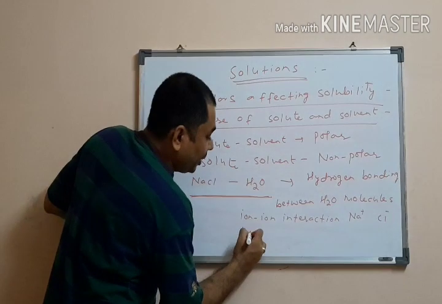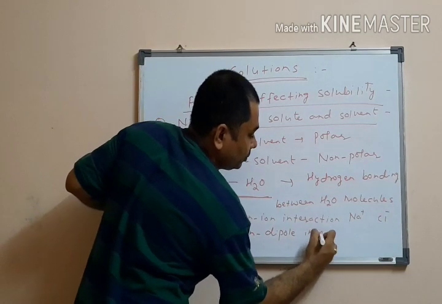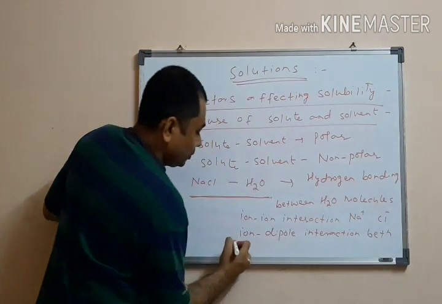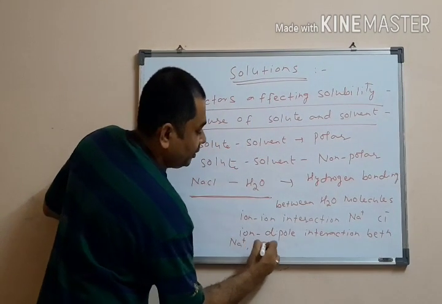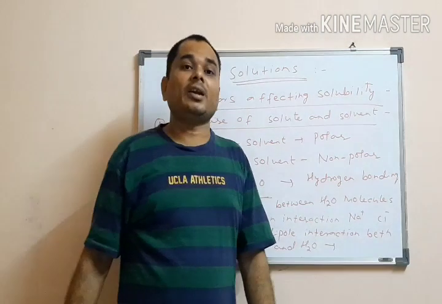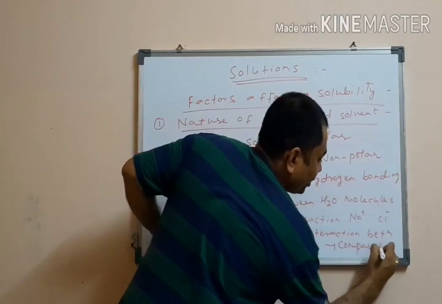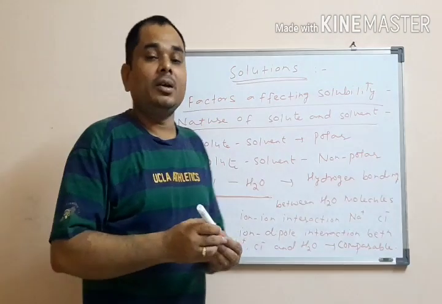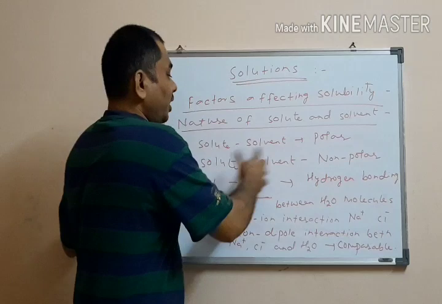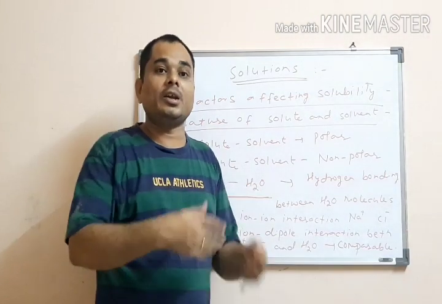So ion-dipole interaction between Na plus, Cl minus and water. All these three interactions are comparable. Due to this reason, NaCl is easily soluble in water. So, since NaCl is a polar compound, H2O is a polar solvent, therefore they are easily soluble into each other.